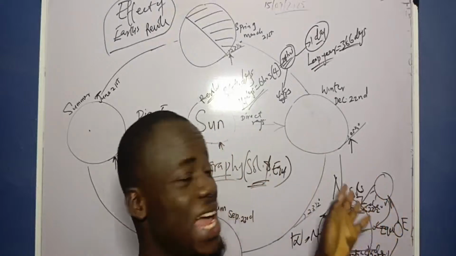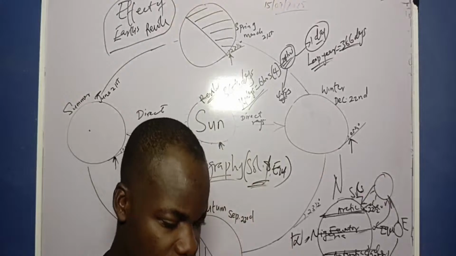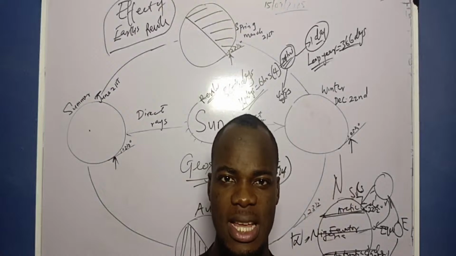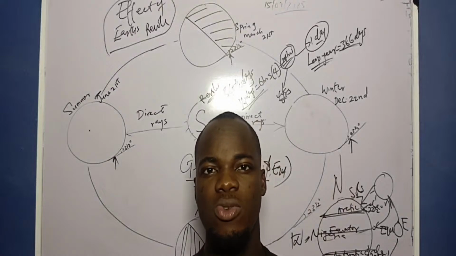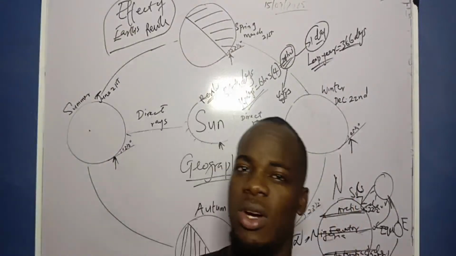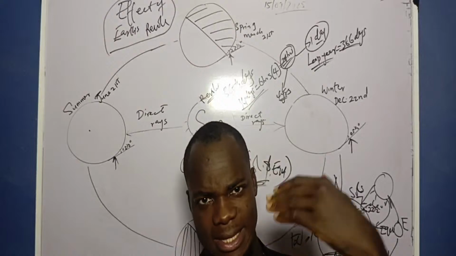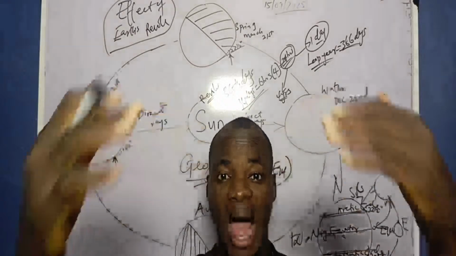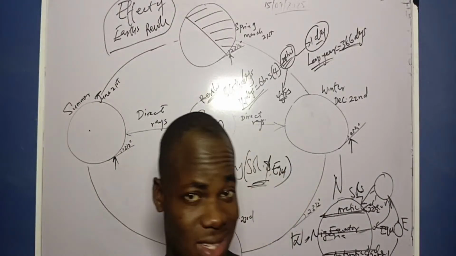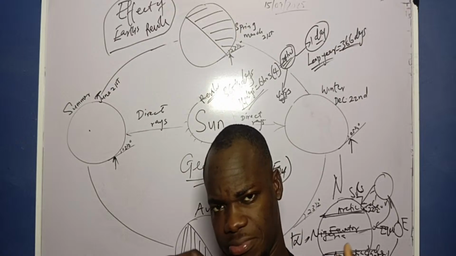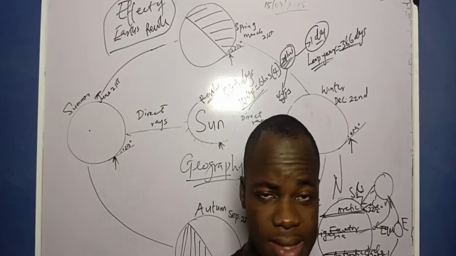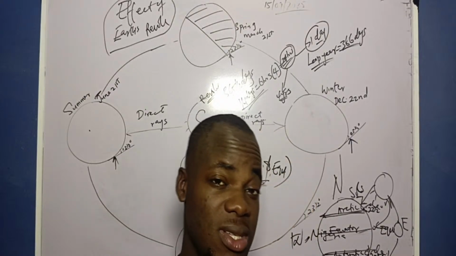Once it is overhead at the Arctic Circle, we now have a continuous daylight, whereby regions or countries in this area of the world will have more hours of day than night. There might be some variations. Some might have like 15 hours, some might have like 14 hours of day, and then the remaining hours will be night.